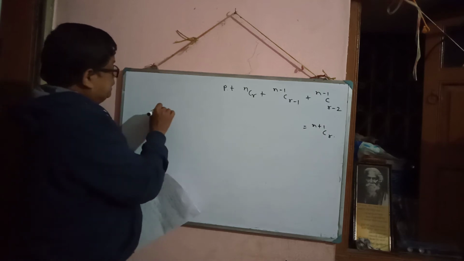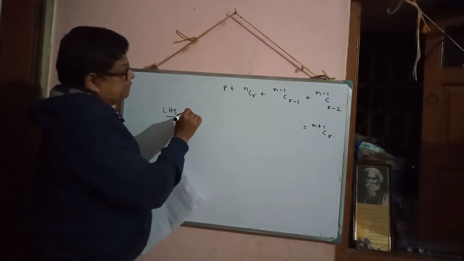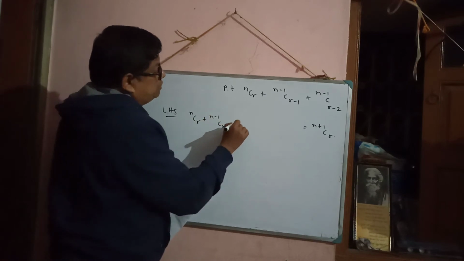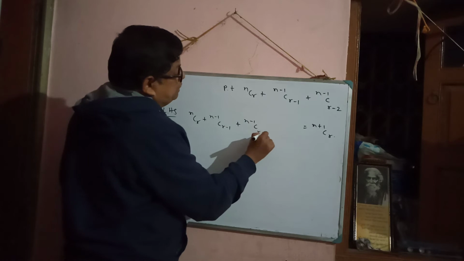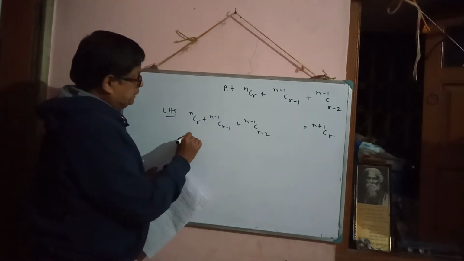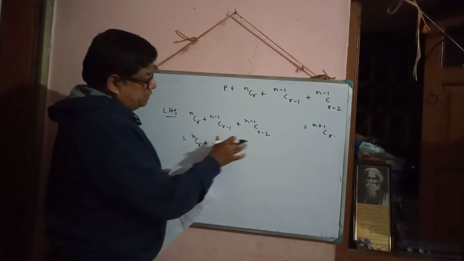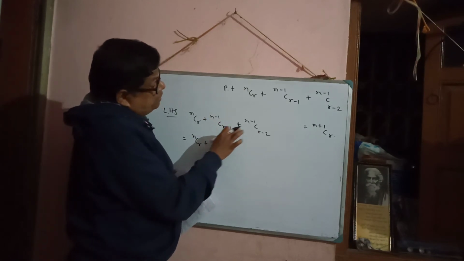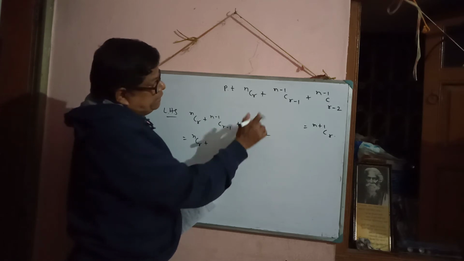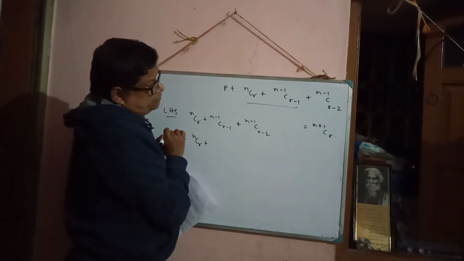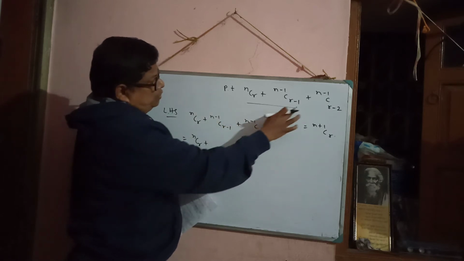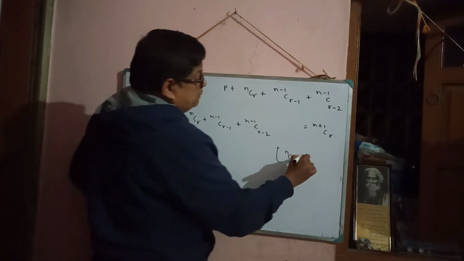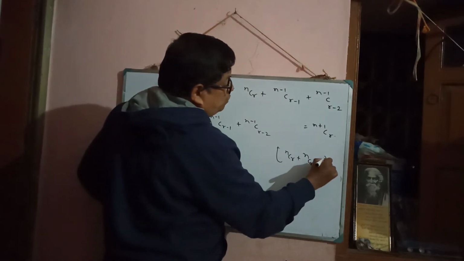Okay, see, left hand side: NCR plus (n minus 1) CR minus 1 plus (n minus 1) CR minus 2. So you can write NCR plus this one. All of you know this one, just NCR plus NCR minus 1 equal to (n plus 1) CR.